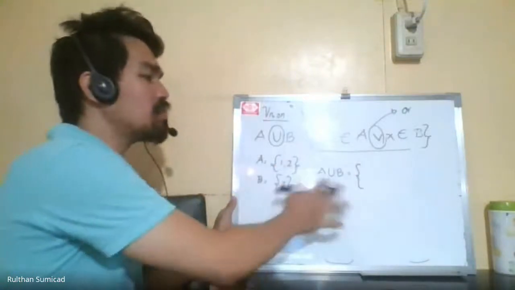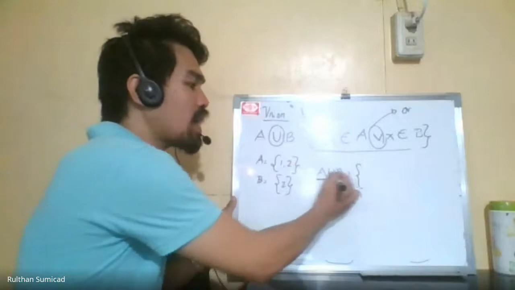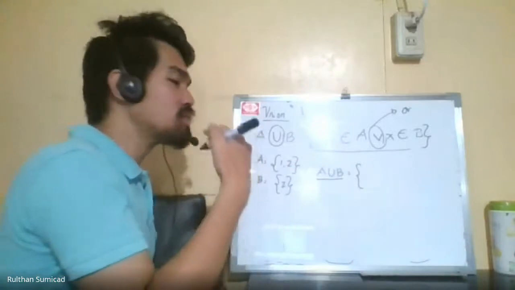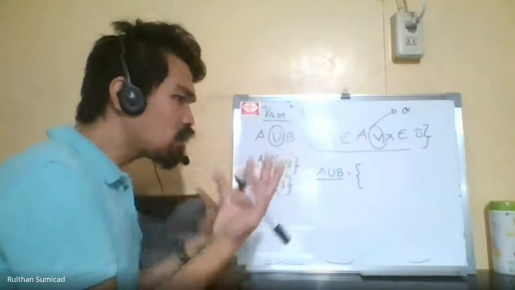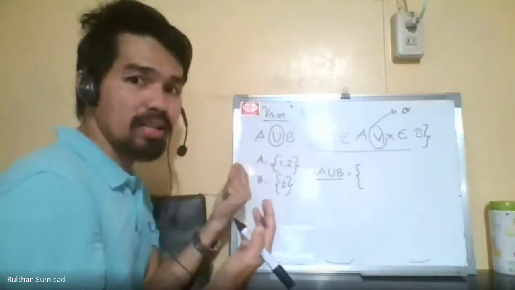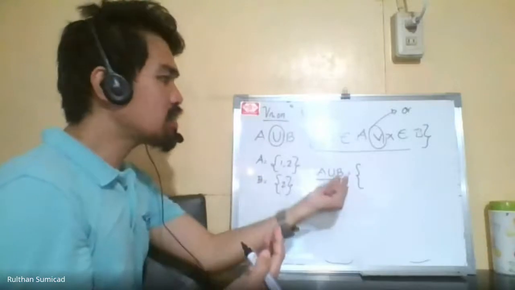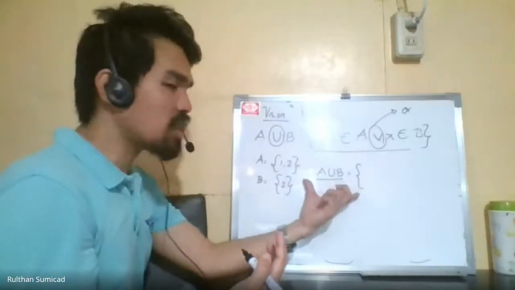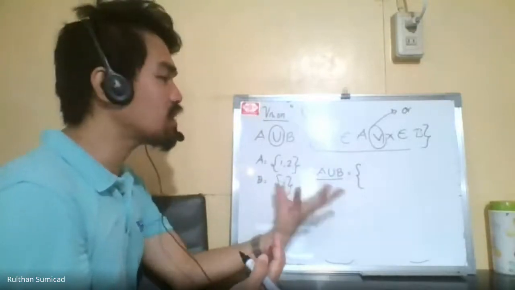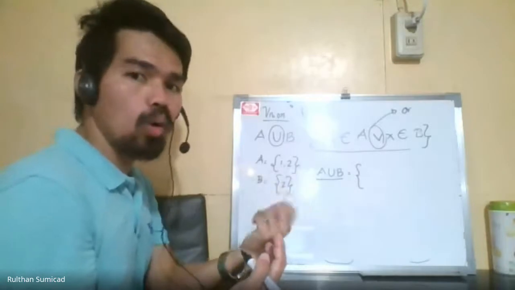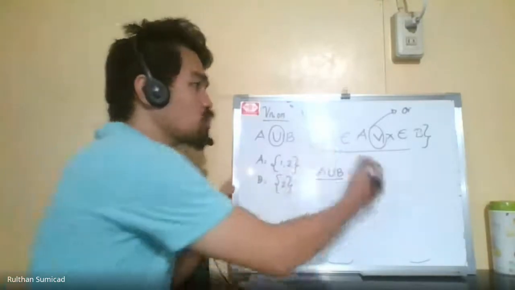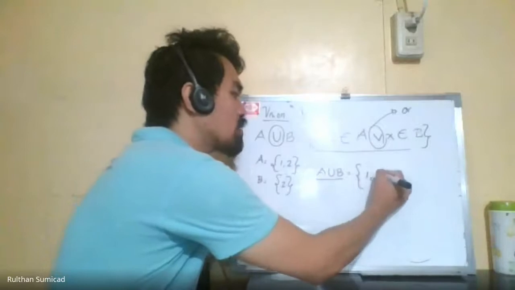So what are the elements of this set? Now, this is still a set, which is defined as the union of two different sets. So this is another set, and this is also another set. But this new set here is called compound in the sense that it already combines two sets. So the elements here are 1 and 2.